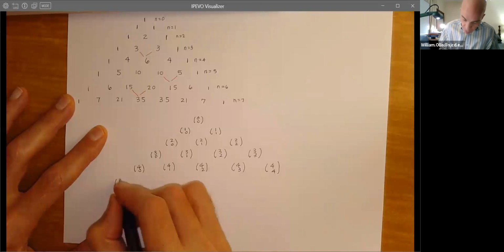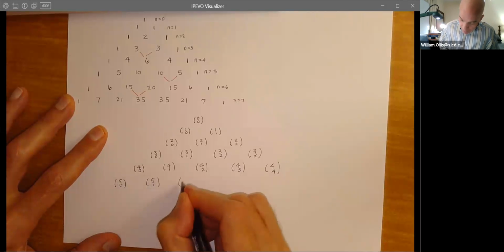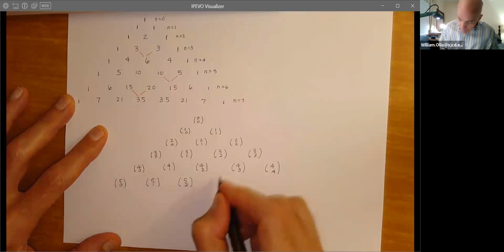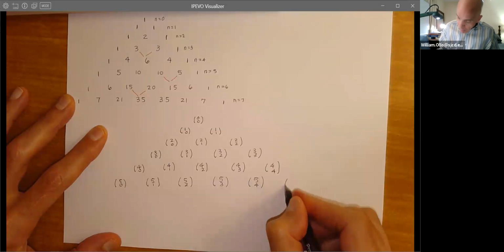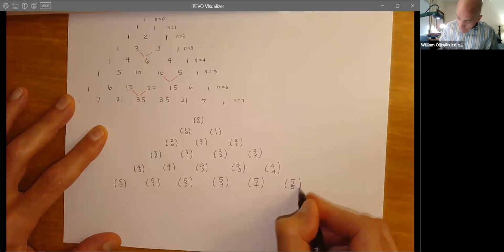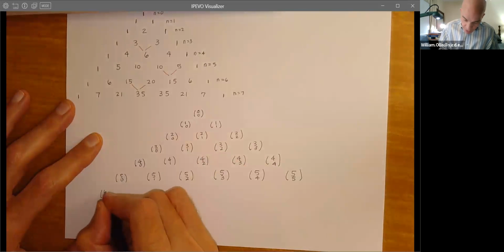Now you see the routine. 5 choose 0, 5 choose 1, 5 choose 2, 5 choose 3, 5 choose 4, 5 choose 5. And we'll do the 6th row. You can put in the 7th if you want. Or maybe I'll do it.